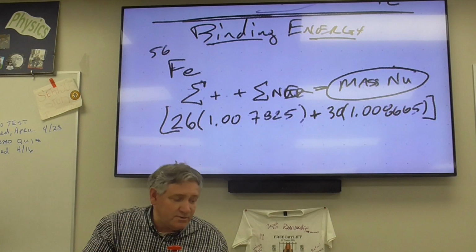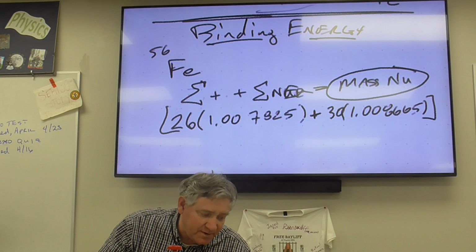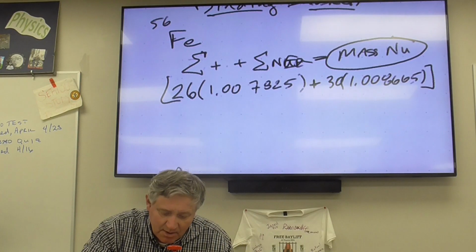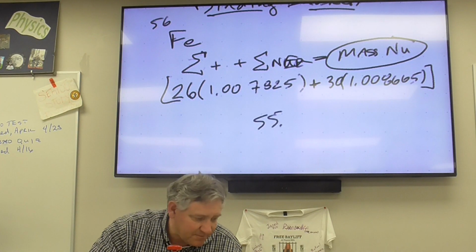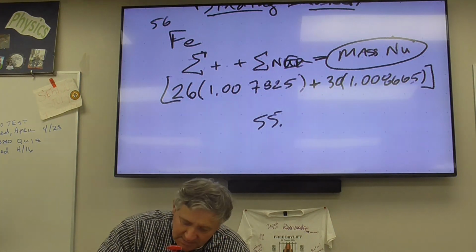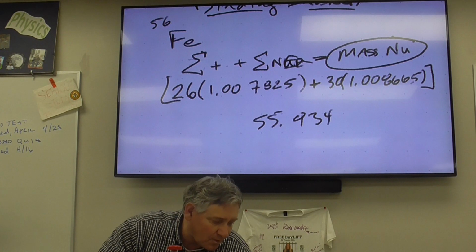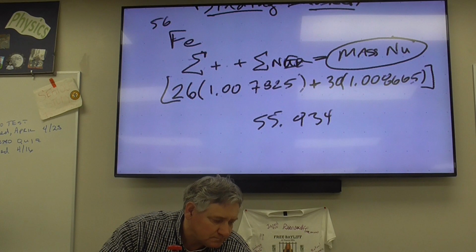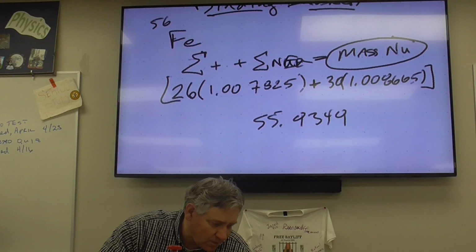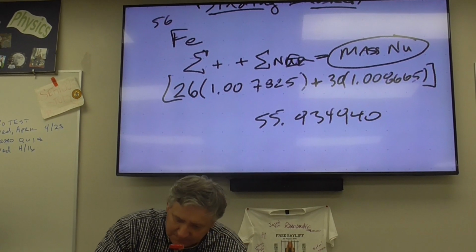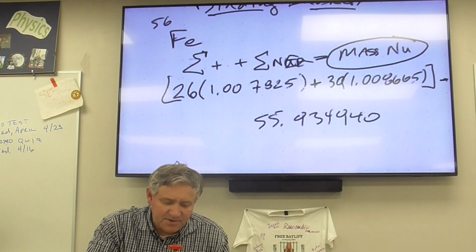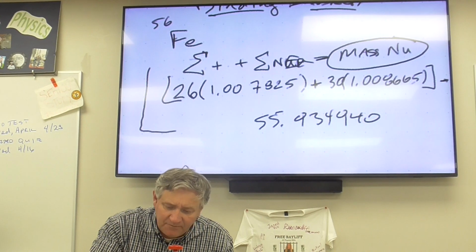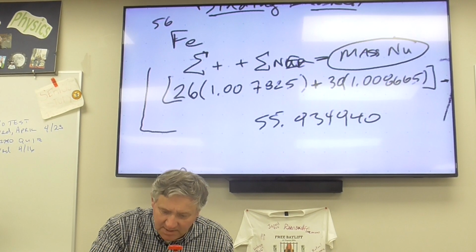The only way you can do that is you're going to come over here and find iron 56, which is 55.934940. So then you're going to take the difference in all of that, okay?